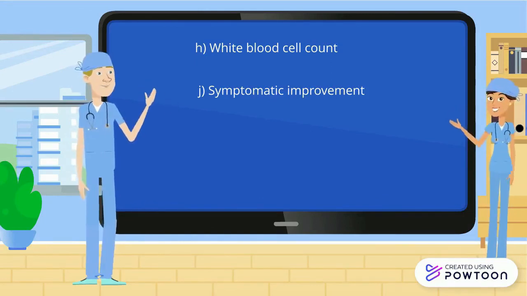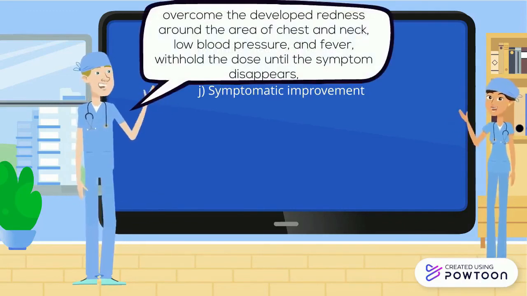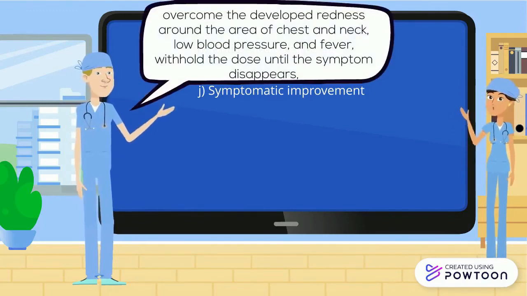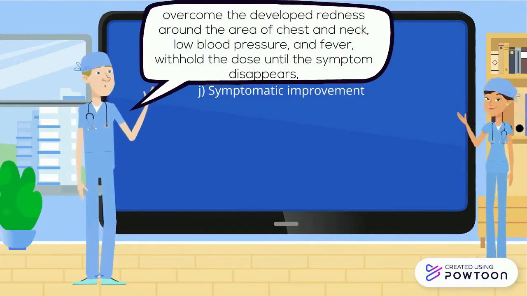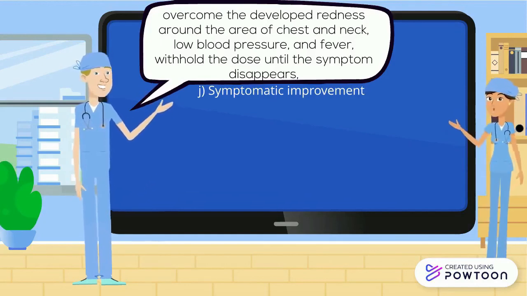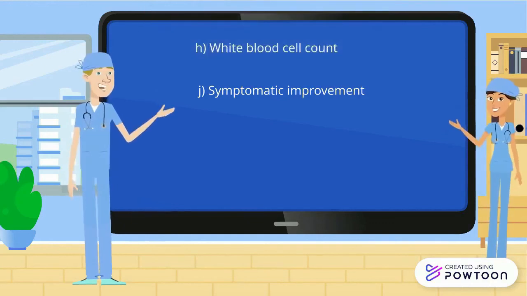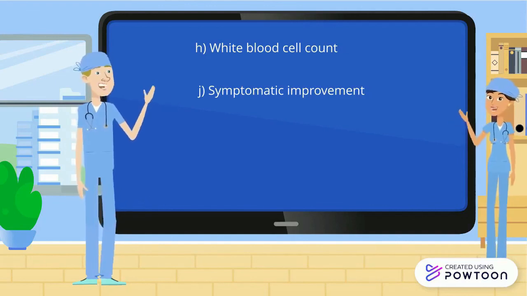For the short-term therapy plan, firstly, we need to overcome the developed redness around the area of the chest and the neck, the low blood pressure and fever. We will need to withhold the dose until the symptoms disappear. Then we continue with the vancomycin regimen with an appropriate administration rate, which is below 15 mg per minute.